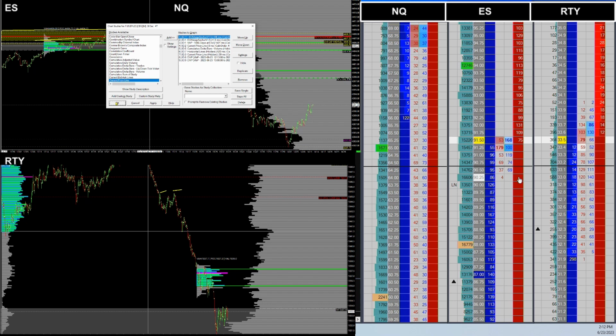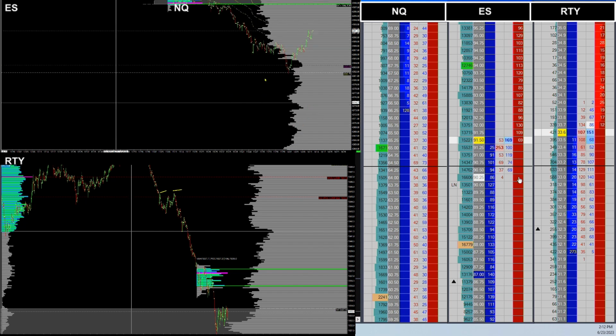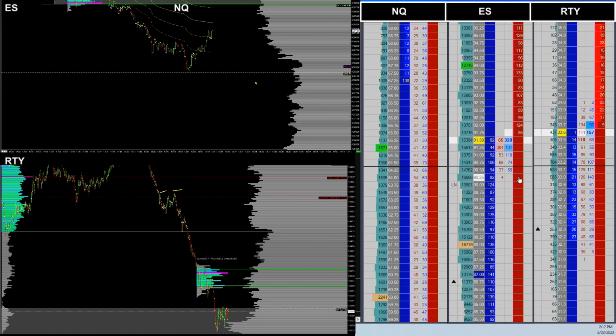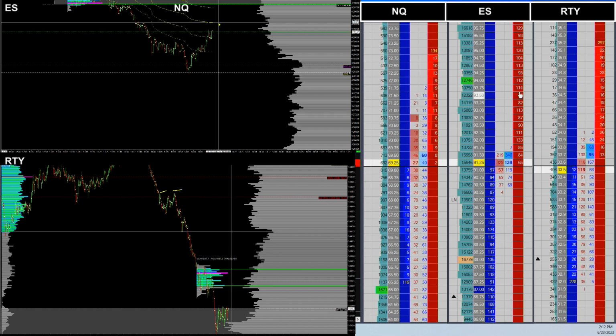This is a 3-legged down move, man. There it is. We're gonna definitely scale at that 93.50 or what have you, just right here.